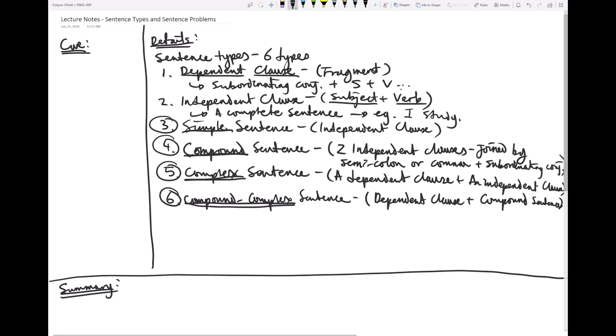And let's try an example for dependent clause. I need a subordinating conjunction, like when I study. I need more. So this is not a sentence. Not a sentence. And this is a sentence. Like that.